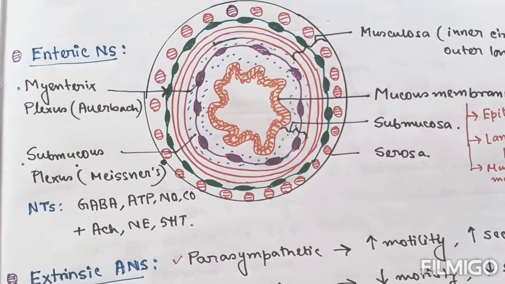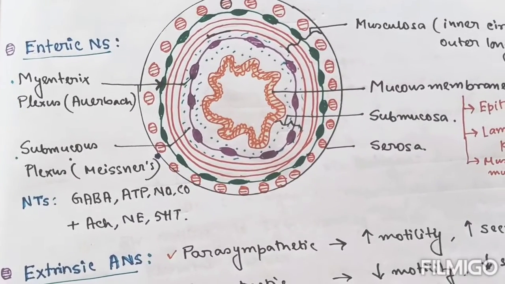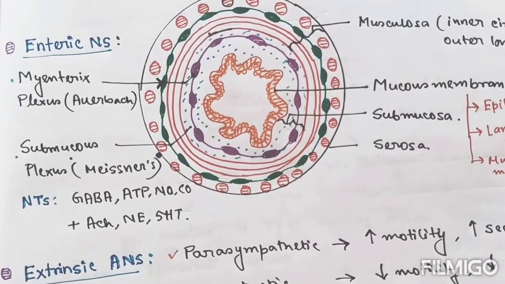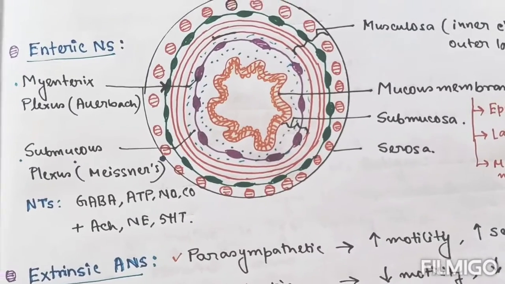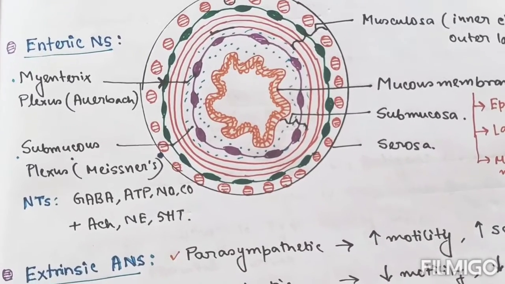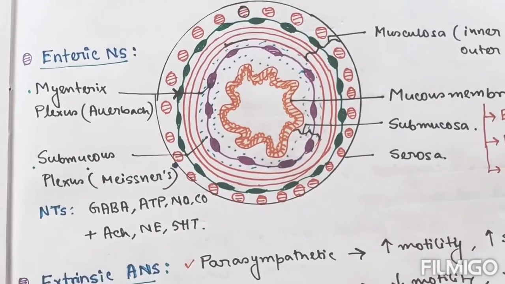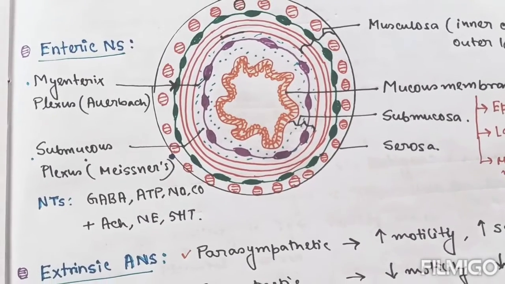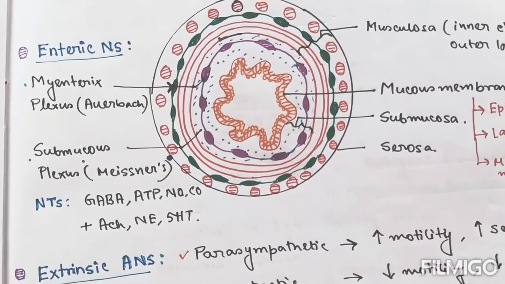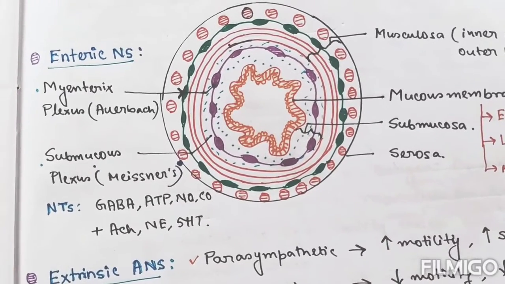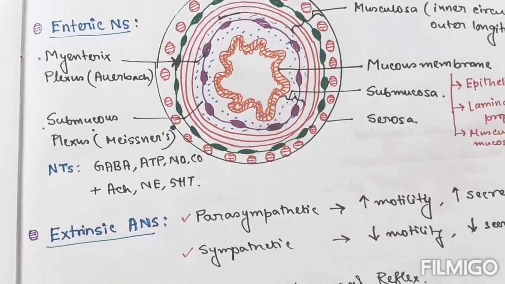And it is interesting that this enteric nervous system of the GI tract contains about 100 million neurons, which is equal to the total number of neurons contained in the spinal cord. This simple fact gives us an idea of how important the enteric nervous system is for the GI system.